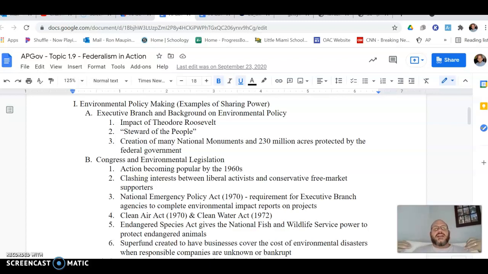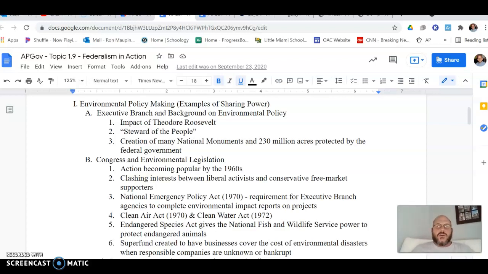Now note, environmental policy is not unilaterally taken by the executive branch. It is shared. And of course it is shared with the other primary branch for policy, and of course that is Congress, the legislative branch. Now, when we start to see more actions of Congress vis-a-vis environmentalism, we have to fast forward quite a bit past Theodore Roosevelt and get more into the 1960s, a much more liberal era in terms of the federal government.